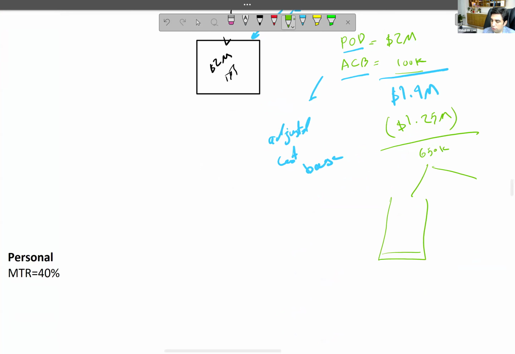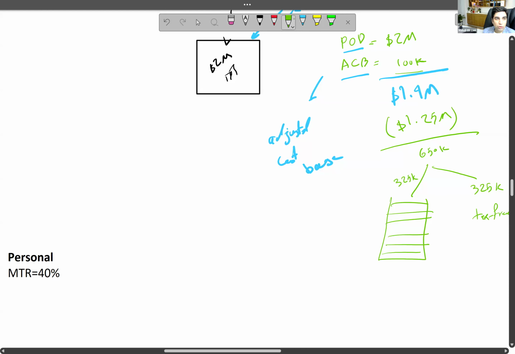The taxable part pours into your bucket, you remember the individual tax bucket. So $325,000 goes here. Another $325,000 is tax-free, you don't need to pay tax on it. So you see, out of $1.9 million of capital gain, you pay tax only on $325,000.